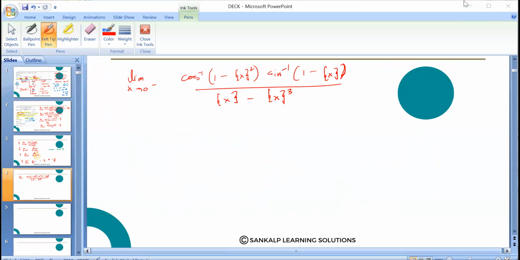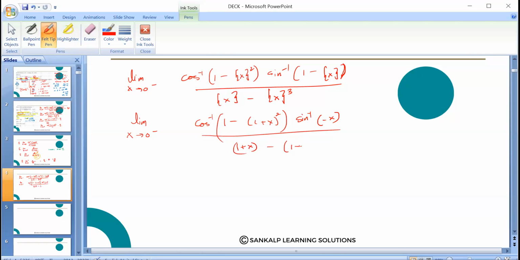So we will have cos inverse 1 minus 1 plus x whole square, and then sine inverse of minus x by 1 plus x minus 1 plus x whole.